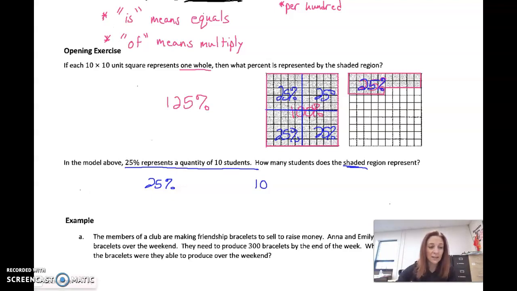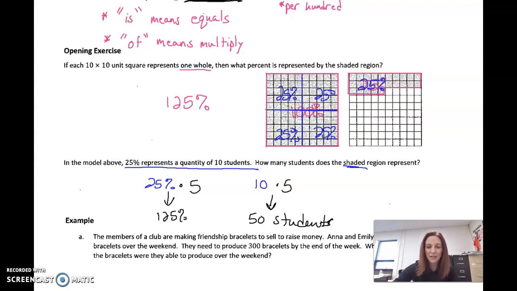So I can take 25% and multiply that by 5, that gives me 125%. That's what we have. So if each one of these 25s represents 10 students, and we have 5 of those 25s, that means we're going to have 50 students, because 10 times 5 is 50 students.